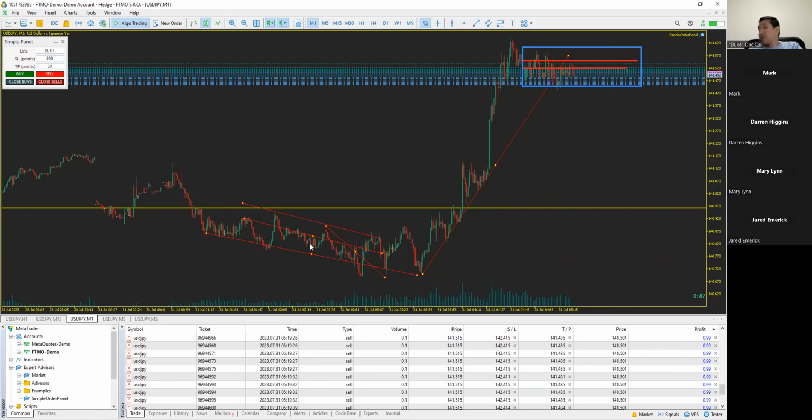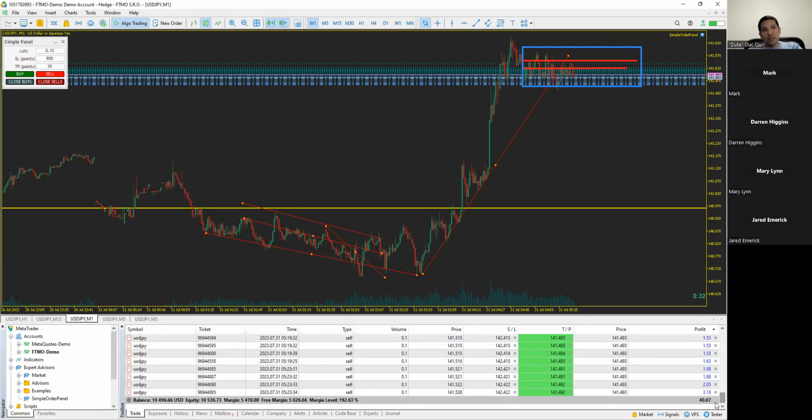And it should come back to the bottom of the range. And I should TP and make my 1% and hit 6% with this.